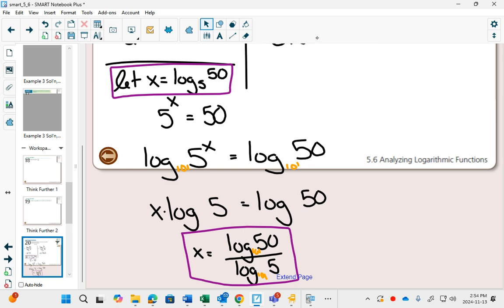But what we're doing here is we're taking the log of both sides, and this is going to be really important in 5.7 and 5.8, because you now have the power to solve any exponential equation. You have 3 to the x equals 7. Take the log of both sides.